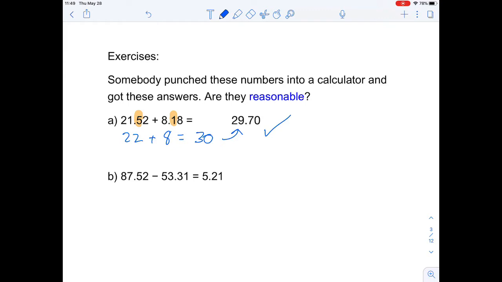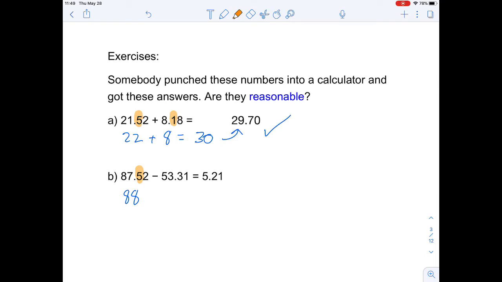Reasonable means is your estimated answer, we are rounding to estimate here, is your estimated answer close to the real answer that was achieved. Let's look at the next one. $87.52. 5 or more, we're going to raise the score up to $88.